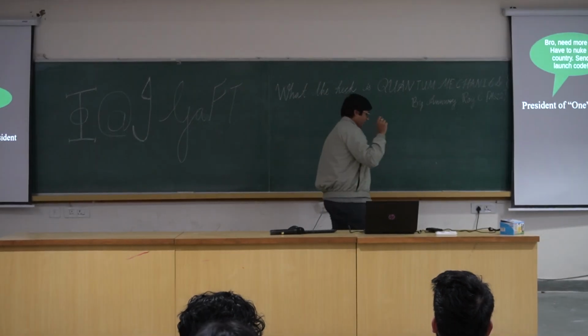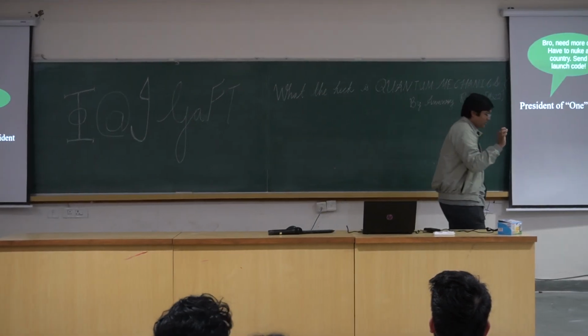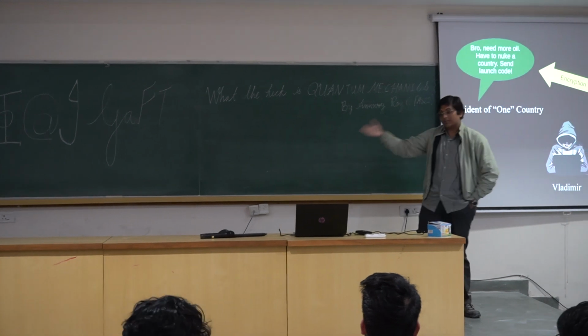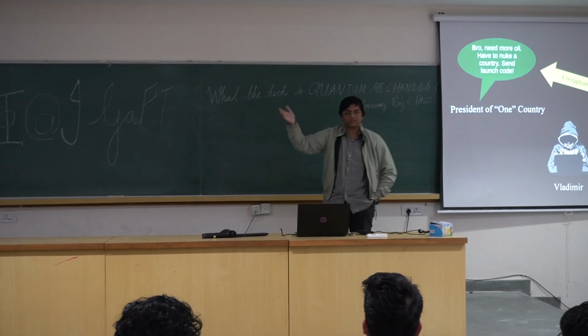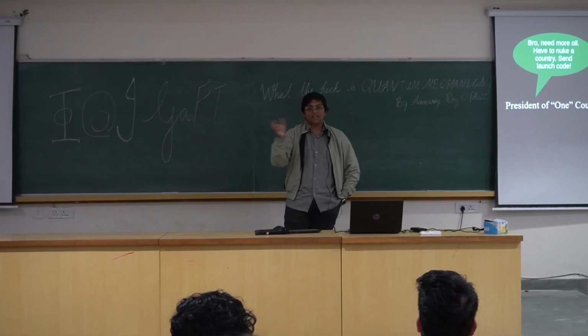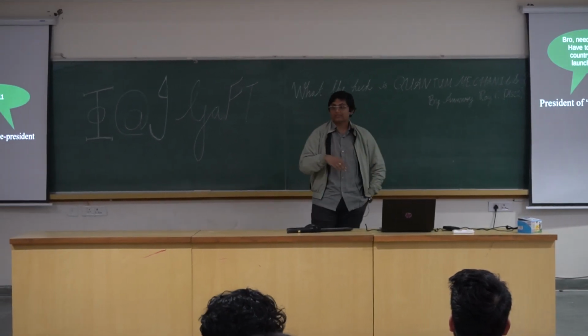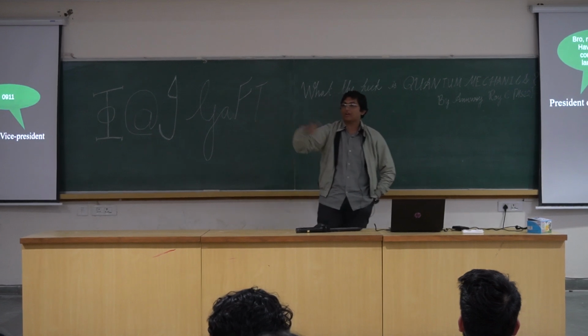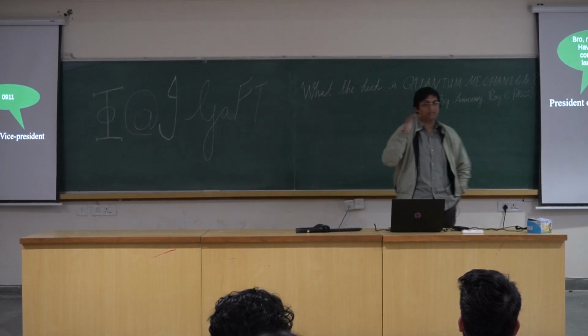Now, one of the very fun, useful things that we use in our daily encryption process, the messages that we send to each other, is called the RSA encryption process. I guess there are people in number theory and cryptography here who can talk about it much better than me.